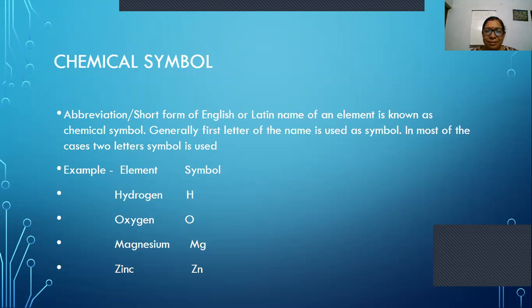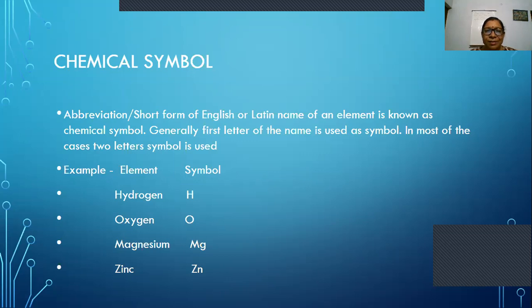It is done to prevent confusion, because so many elements have names whose first letter is the same, like carbon, copper, calcium, all start with C. If in this case we use the first letter as a symbol, that creates so much confusion.